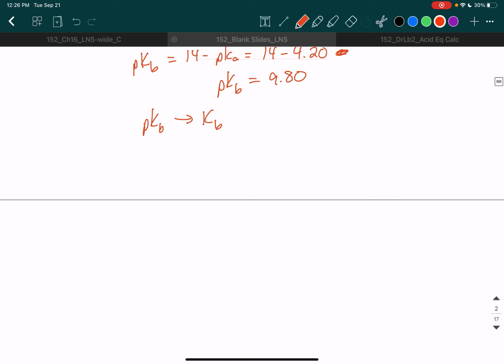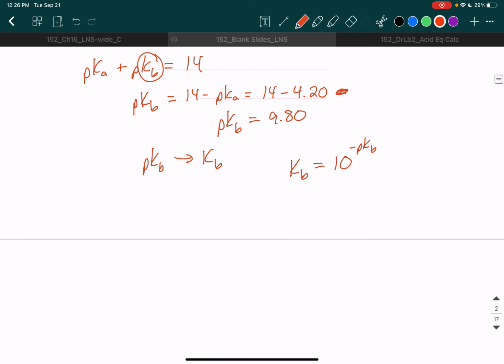That formula, I'll just give you the quick spiel. Take 10 and raise it to the minus pKb. Yeah, we have the pKb there. 10 raised to the minus 9.80, and that equals 1.58 times 10 to the minus 10.